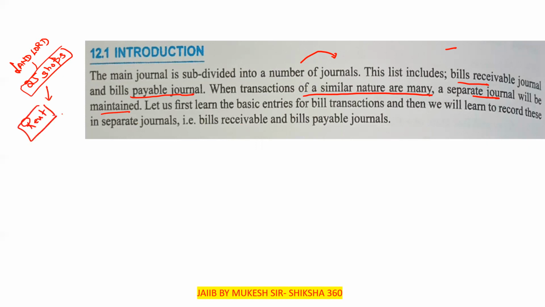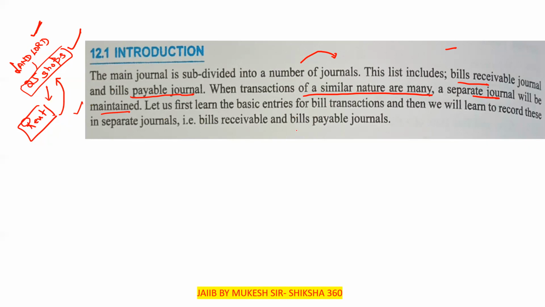Every month this person will receive rent from all these 25 shops. Here they are saying the same thing: when the transactions of a similar nature are many, there are 25 transactions, so a separate journal will be maintained for that specific thing.